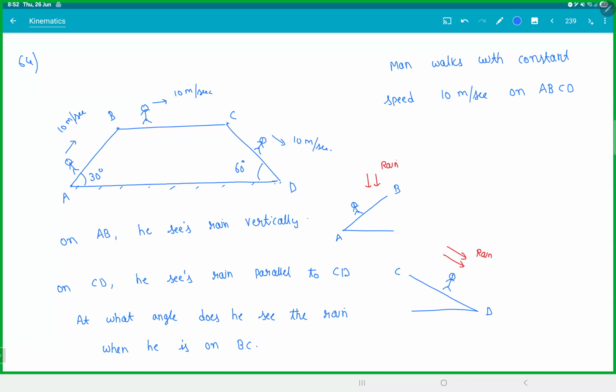Param, how are you guys getting 45? It's not 45, right? 60. At what angle does he see the rain falling when he is on BC?